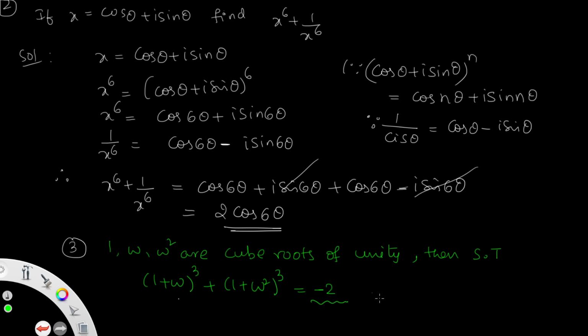So this is how we write the solution. 1, omega, omega square are the cube roots of unity.